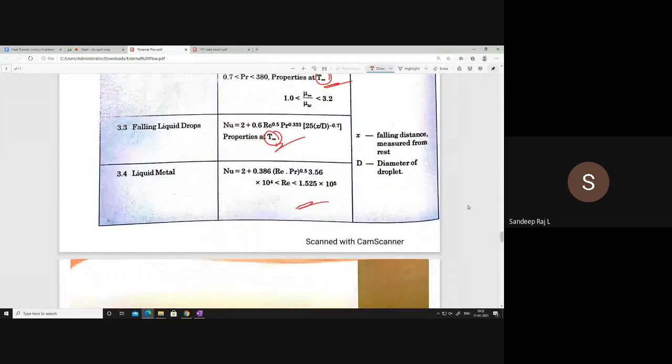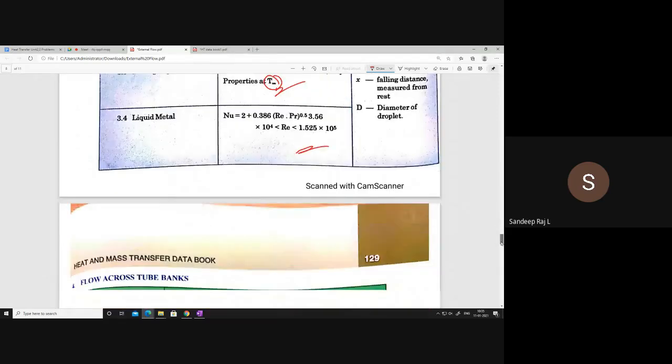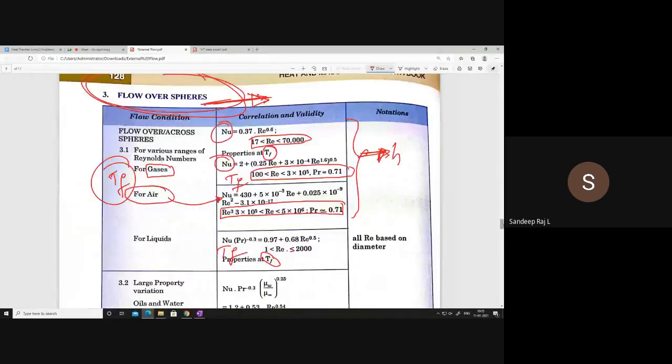Likewise, you will be choosing. Even though it is not mentioned here, it is TF only, because air is again a gas, isn't it? For gas, it is mentioned as TF, so air also is TF only.